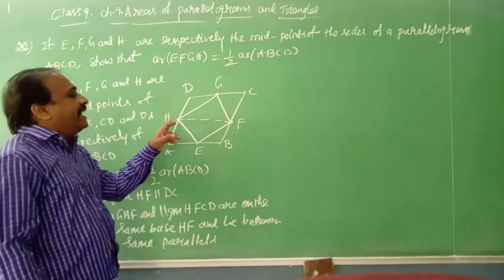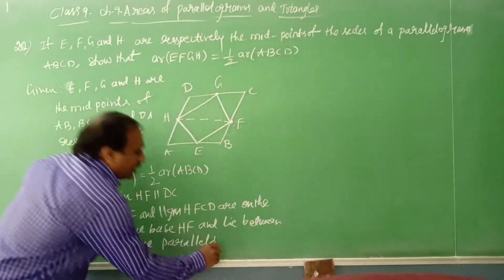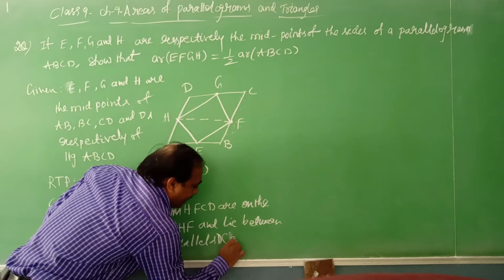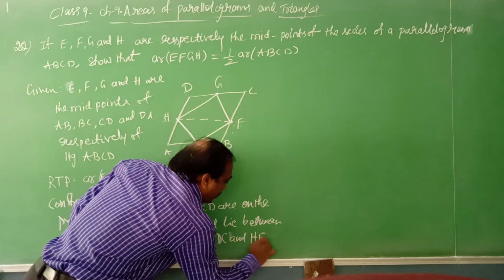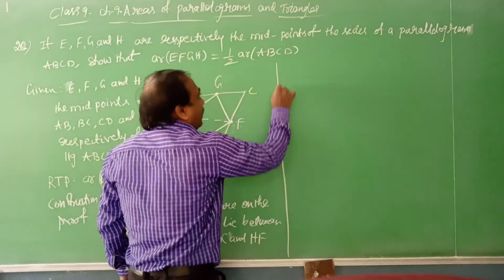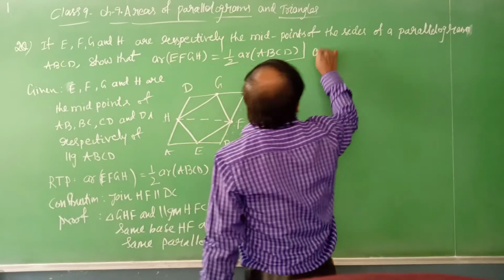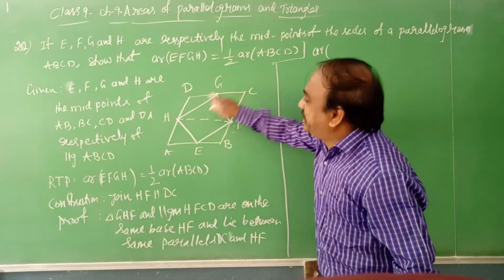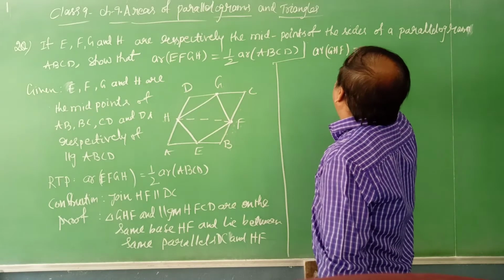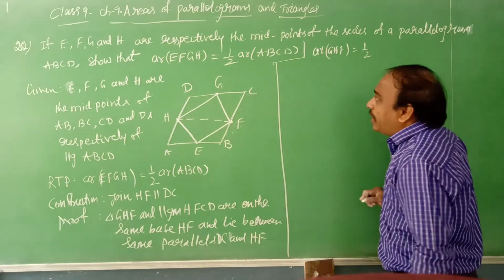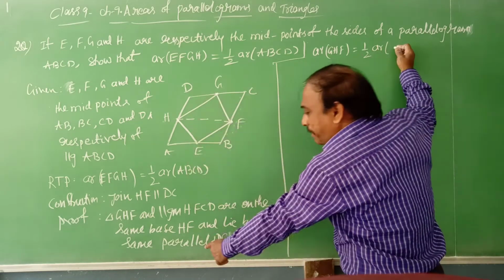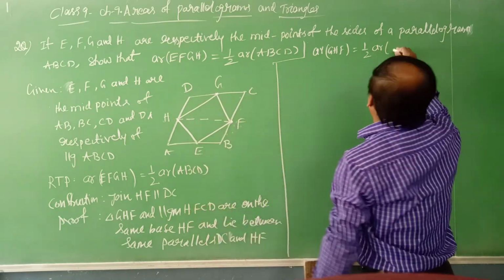DC and HF. So from that, what can you say? The area of triangle GHF is equal to half of the area of parallelogram HFCD.